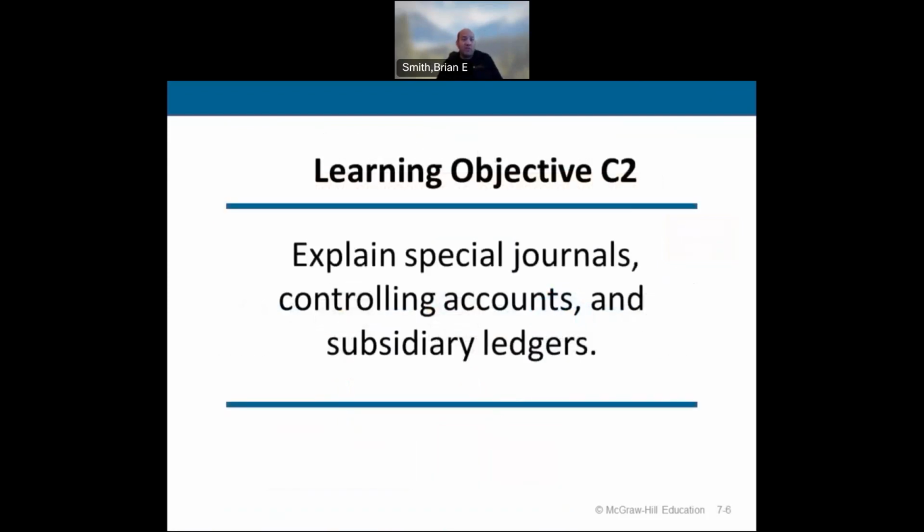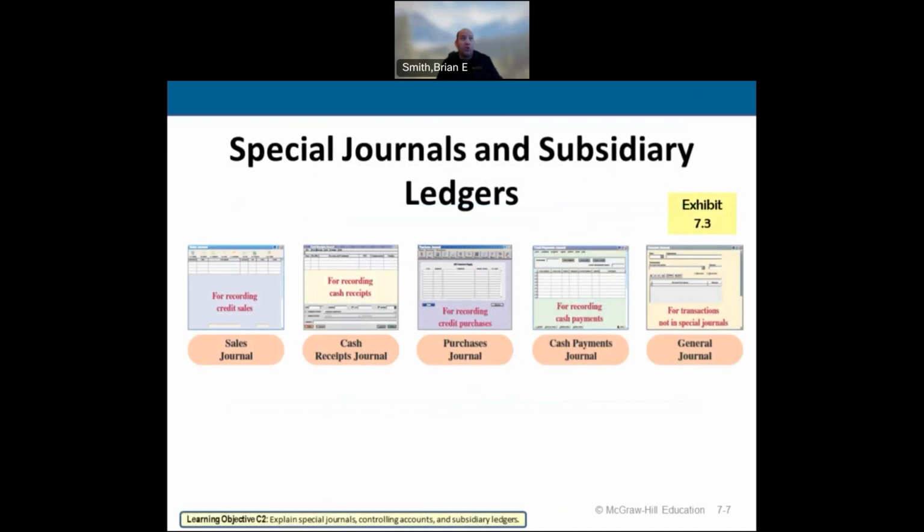The biggest part of this chapter that I want you to learn is about special journals, controlling accounts, and subsidiary ledgers. If you can understand these items and the concepts here, you'll be fine. So when a company uses special journals, these are special journals, except for the general journal, which we've been using this whole time.